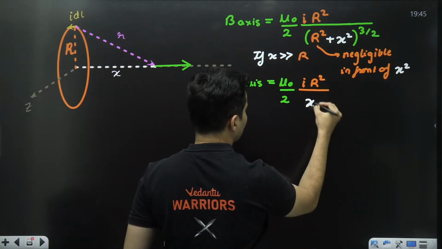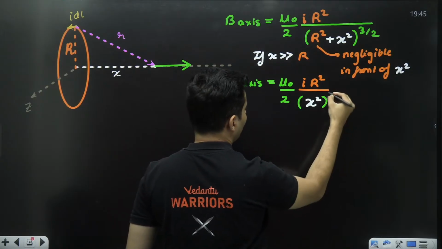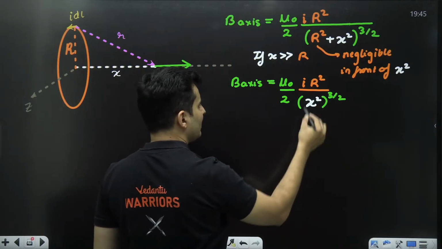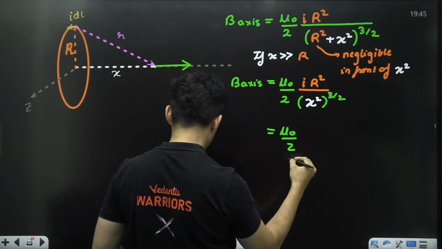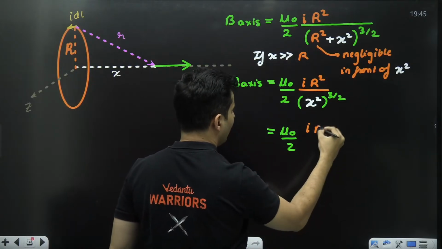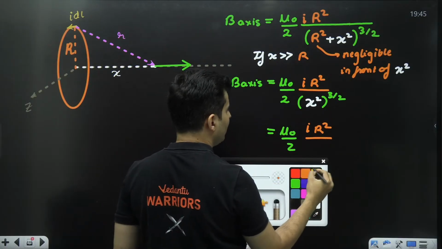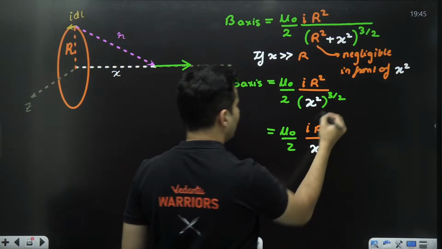The whole thing raised to 3 by 2. Correct? Now 2 and 2 cancel, it will just become x cube. So it will just become mu naught by 2, you have just I r square on the top, and below you just have x cube over here.